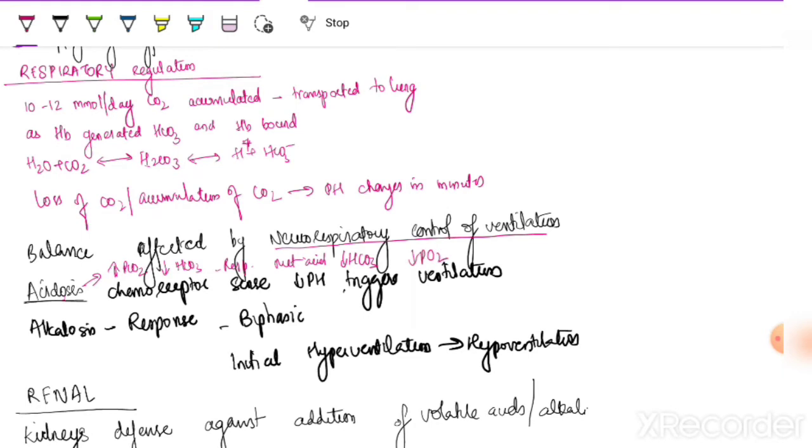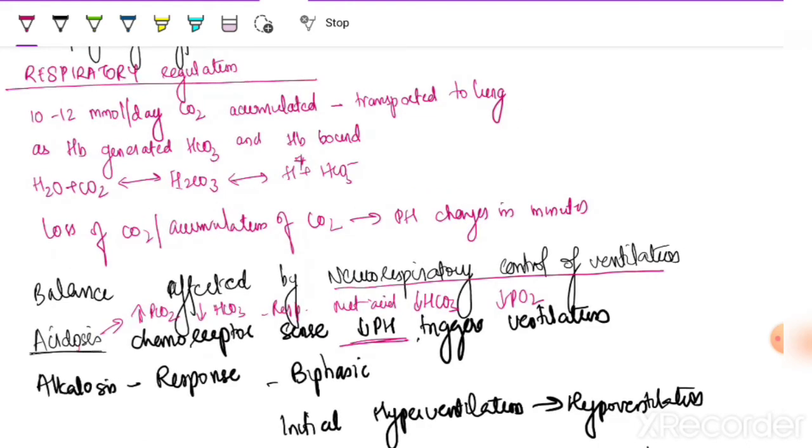So in acidosis there is a decrease in pH, which triggers ventilation. So there will be hyperventilation in acidosis, and this hyperventilation will cause CO2 washout.